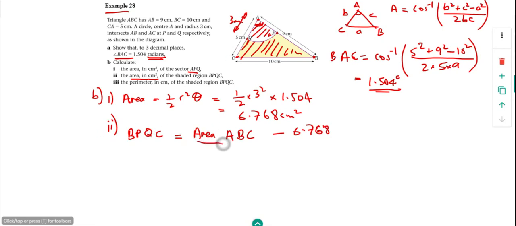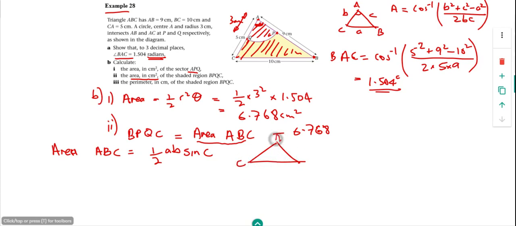For this area ABC, we're going to have to use the sine formula for area, and that is that it's equal to half AB sine C. That's if we're looking at the angle at C. So if it's labelled like this, if we're looking for the angle at C, and this was A and B, that would be A, that would be B. If we're looking for the angle between two sides that we know, then that's how we'd apply it.